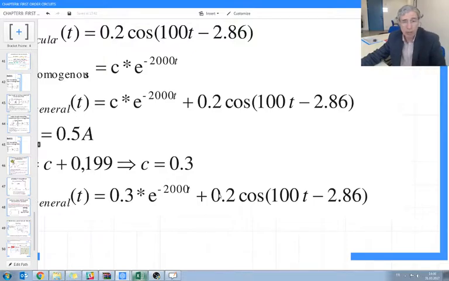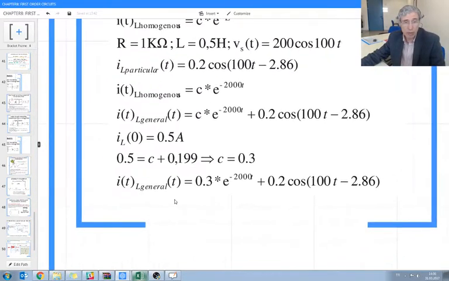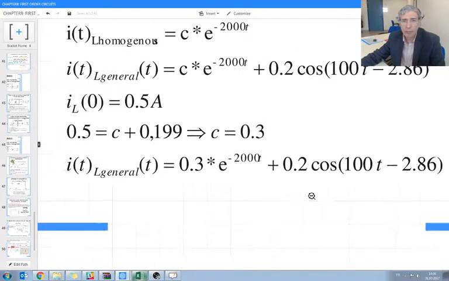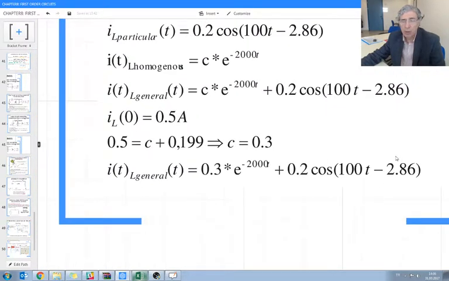This solution here, in the general solution, that part here, is called the sinusoidal steady solution, SSS. That is the one that we are going to observe forever. This is going to disappear, that's why it is called the transient solution, and this is the steady solution.